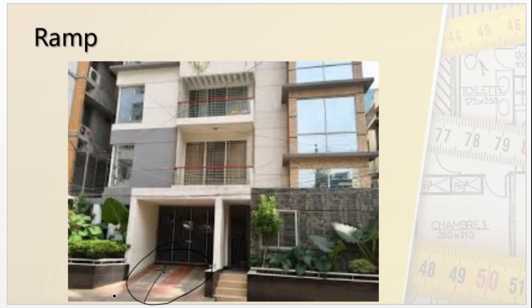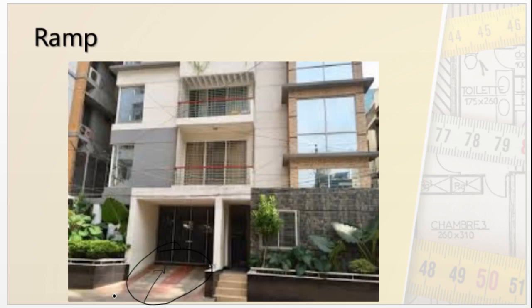There may be vehicle ramps, or there may be other types of ramps where any wheelchair user can enter into the building. So to give universal accessibility support, we need ramps. There are provisions, although we don't abide by these rules most of the times in Bangladesh.